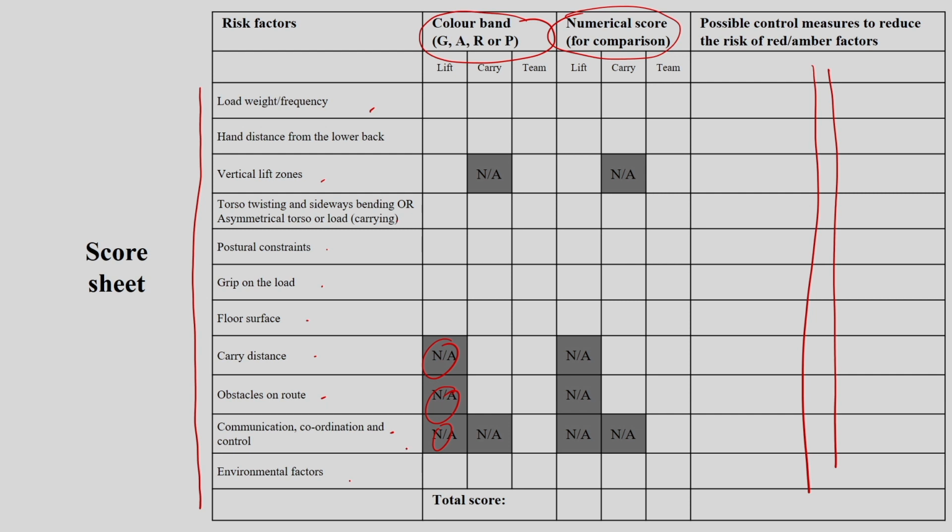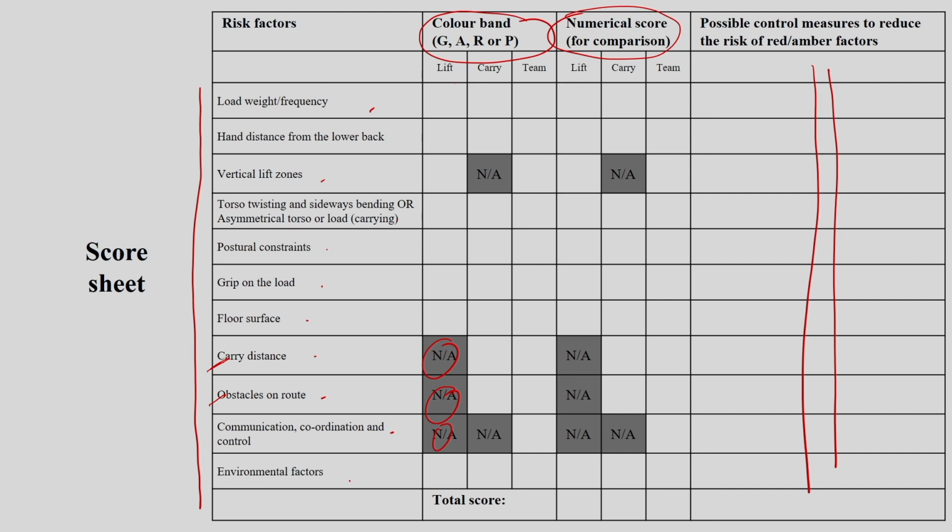What does that mean? If you are talking about a lift, carrying distance is really not applicable, right? Obstacle on the route, because you are not moving, you are just lifting it, right? So wherever these questions are not valid, we will have NA, so we need not answer them.